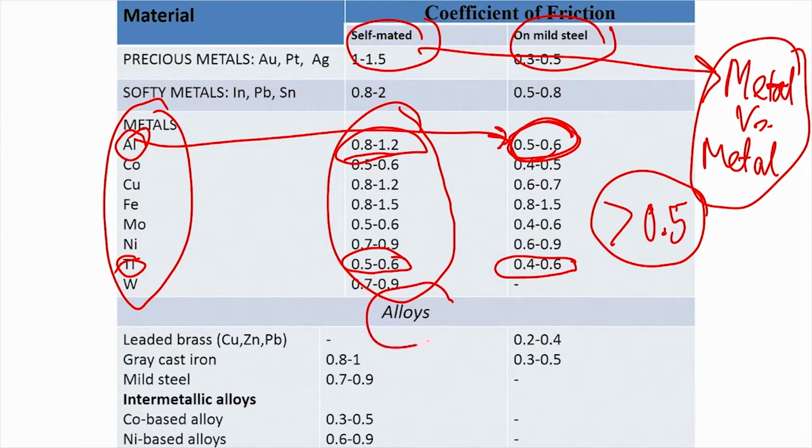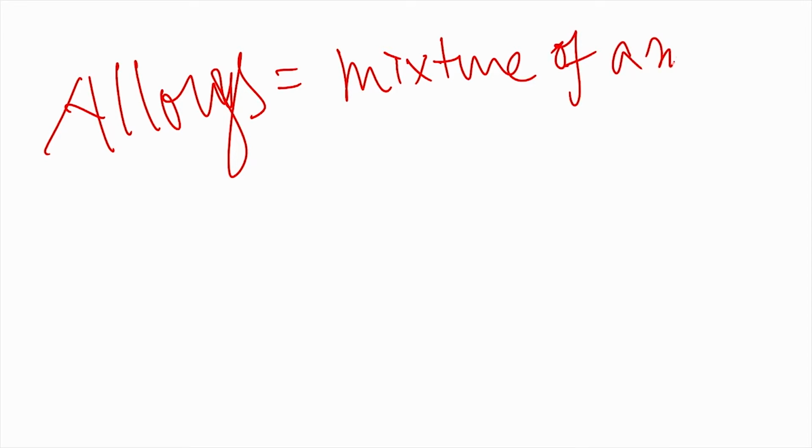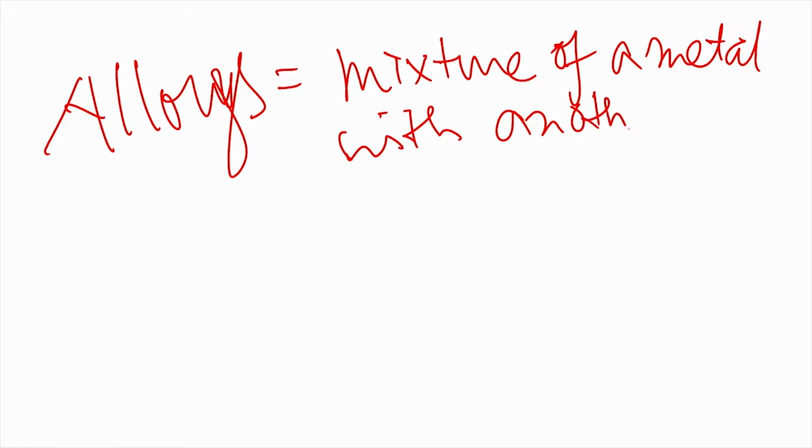Some of the other things, alloys. For those who are not coming from a metallurgy background, alloys essentially mean a mixture of two metals, or a mixture of a metal with another metal or a non-metal.